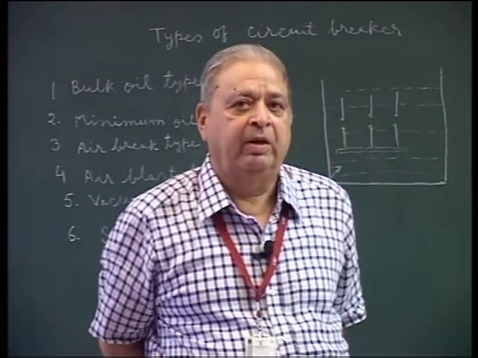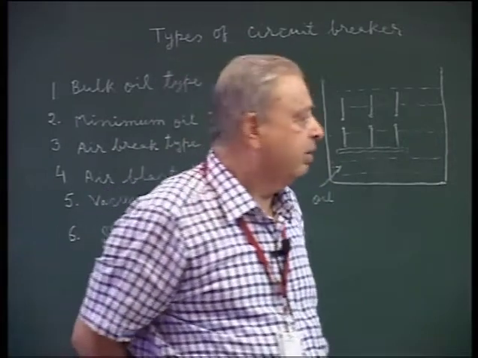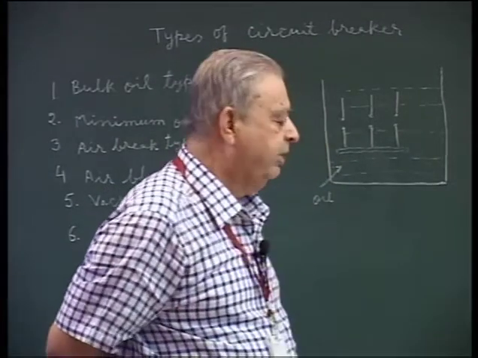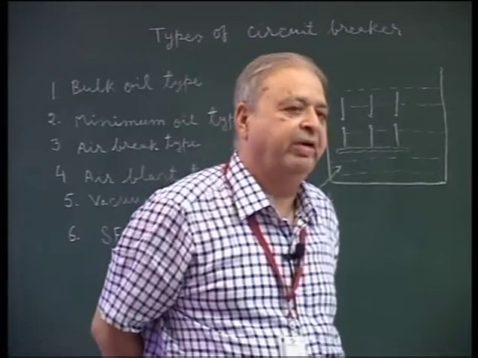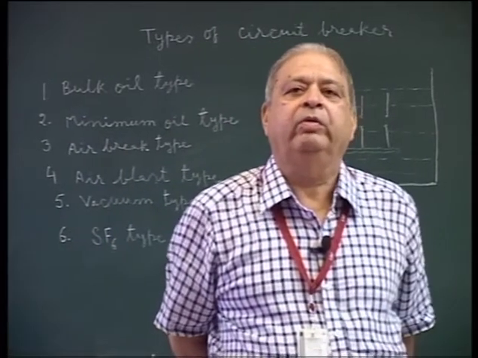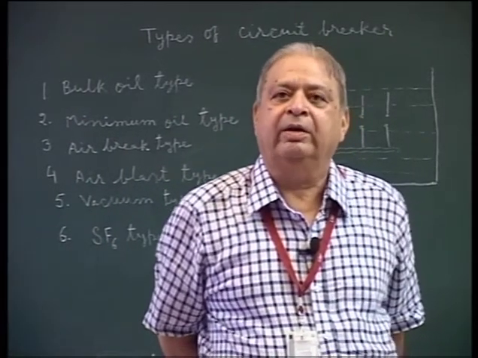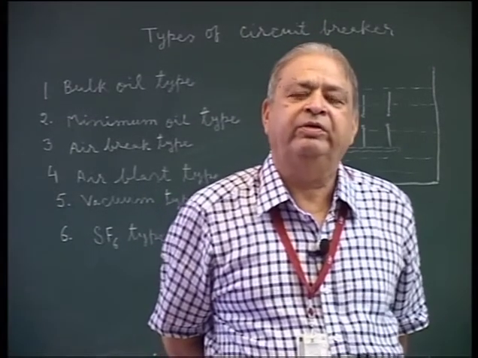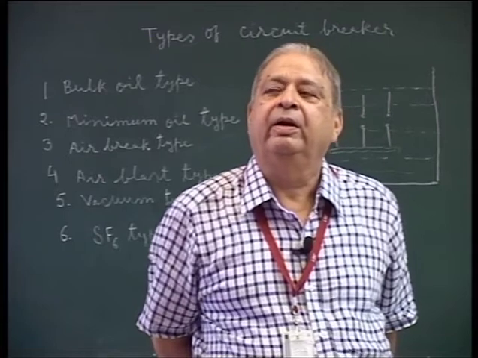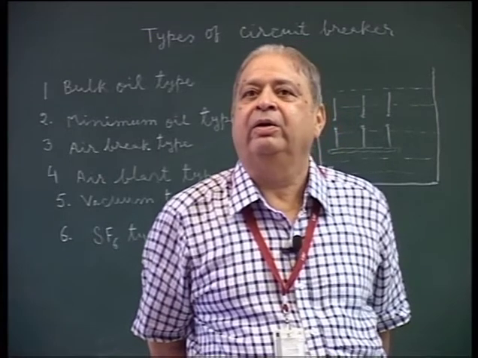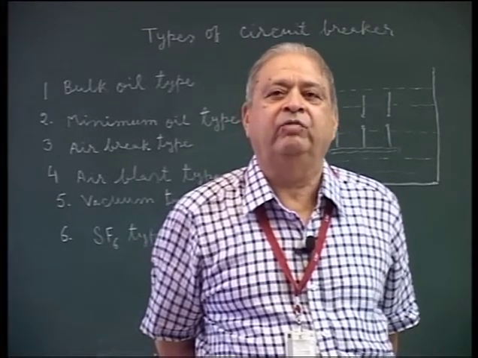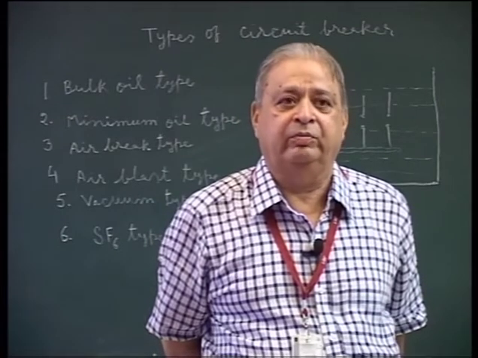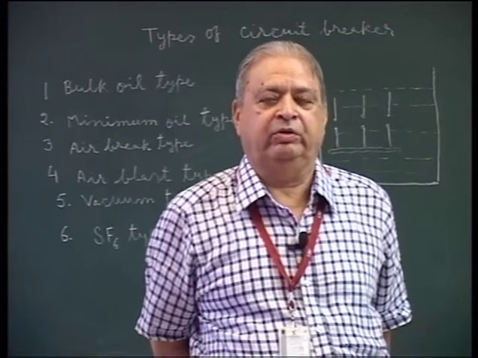Then when the lower contact, that is the moving contact, is lowered down, the arc strikes. The arc is quenched by the heat taken away by the oil due to the conduction process as well as the convection process.